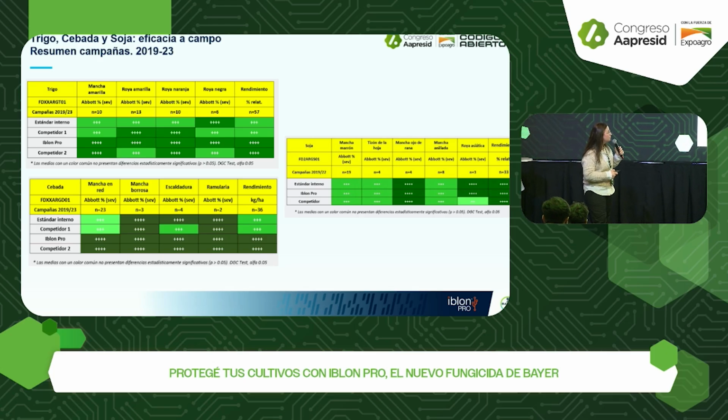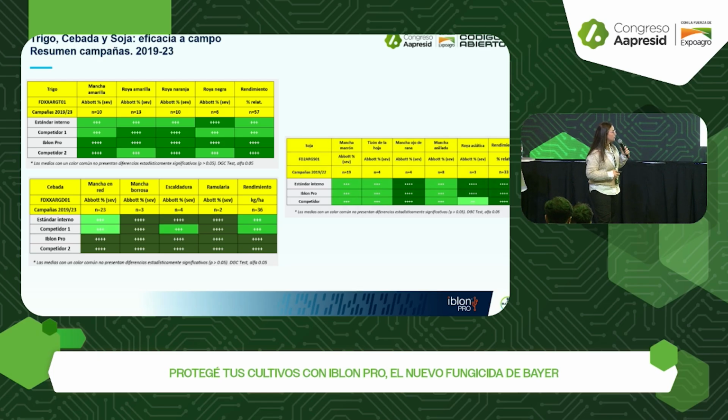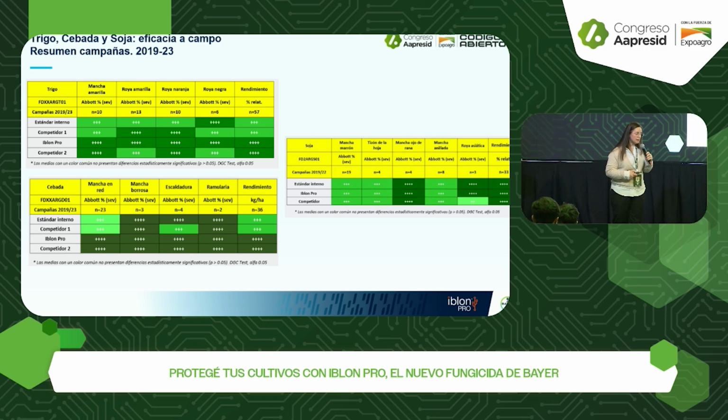To close and to summarize the information regarding soybean, Iblon Pro is on the 2nd line, and today it is a product that stands out in the control of leaf blot, Asian rust, and the good control of brown spot.